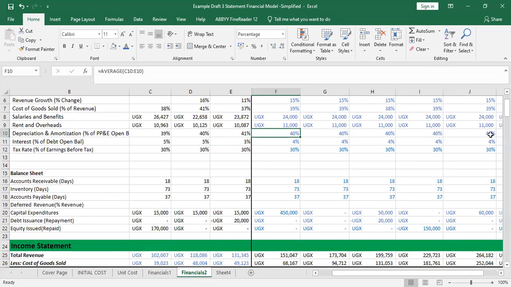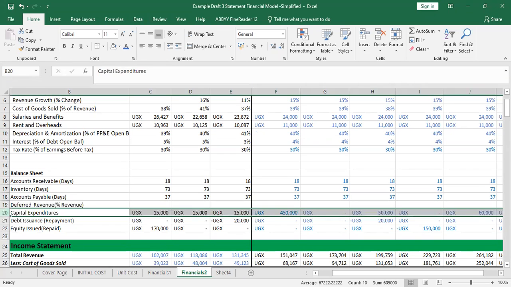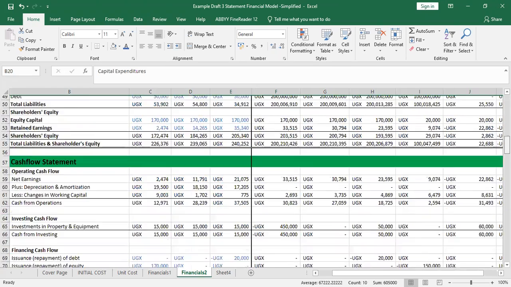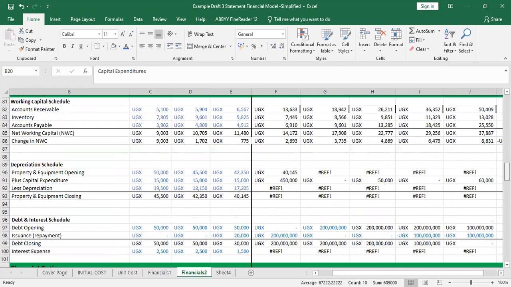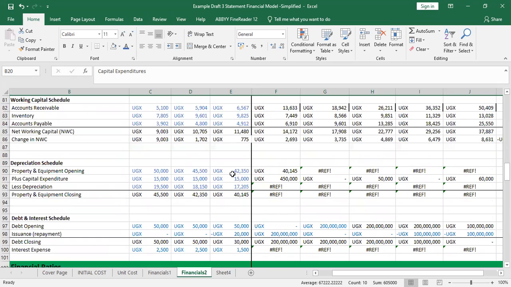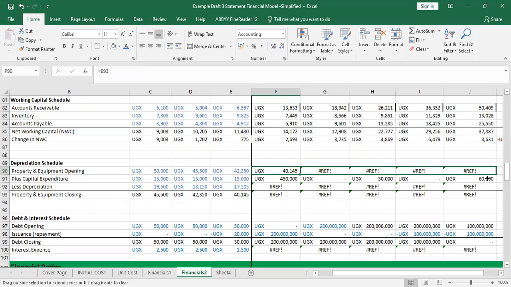So I'm just going to keep the same assumption, and I know the capital expenditure. Using this, I'm just going to go down on the supporting schedule. What was the property and equipment? It is this. How much am I going to buy? It is just going to pick from the assumptions there. So I'm just going to stretch this until it gives me the number.